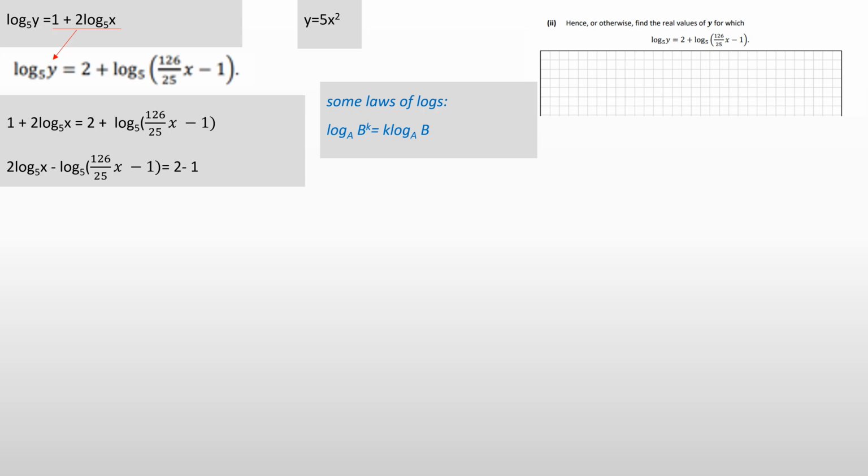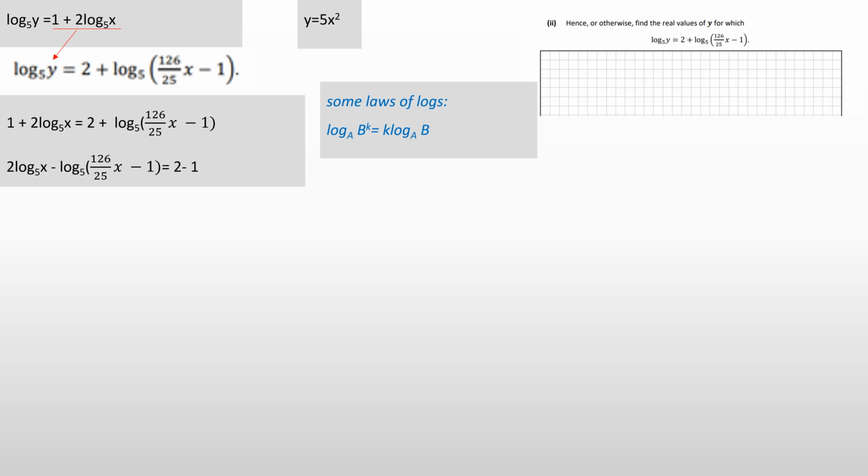And then we can use this law of log, right? We want to add those two logs, the 2 log 5x minus log 5 (126 over 25x minus 1). We want to put them into one log. They have the same base, the 5, so we can put them into one log. But first, we have to get rid of the 2 in front of the log 5x. And we use this law of logs we already used, but we're using it in reverse, where instead of getting rid of the power, we want to make the power.